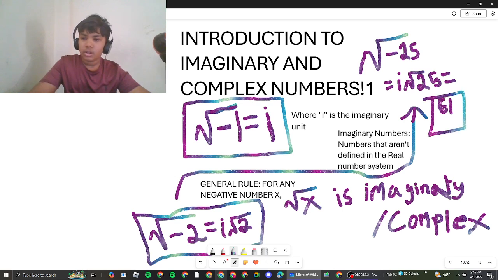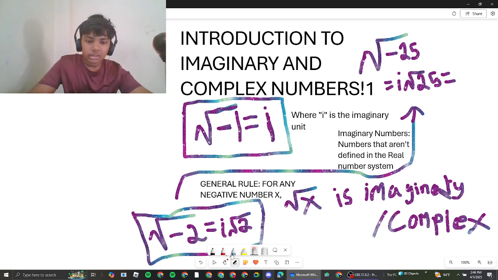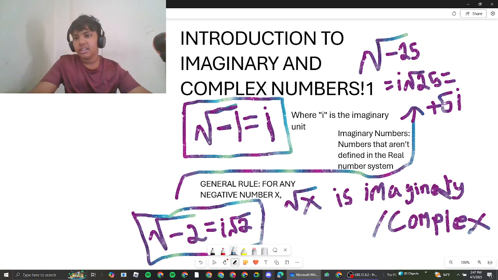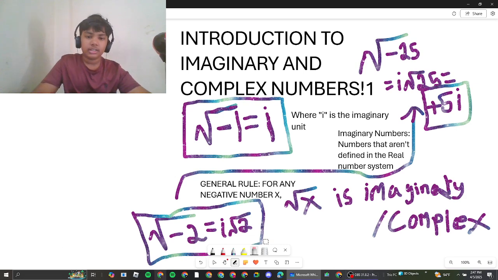So this is 5I. But it's only positive, not negative, because as we know, the square root of any number is in its positive version, even for complex numbers. So that's how it works. I hope it's clear to you.